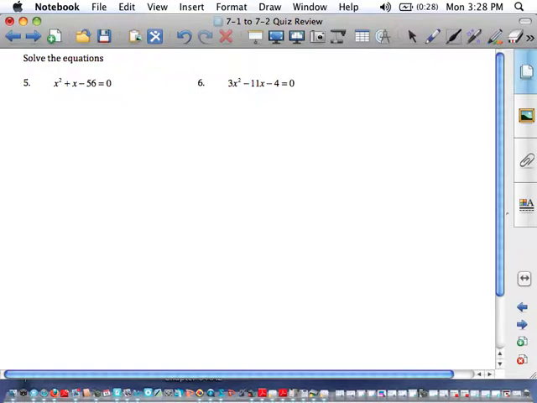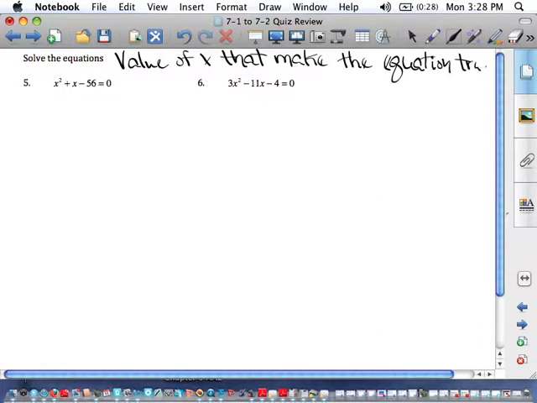We're looking for the values of x that make the equation true. To do that, remember, I'm going to look to factor this trinomial into two binomials.